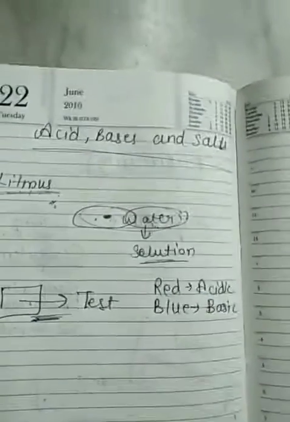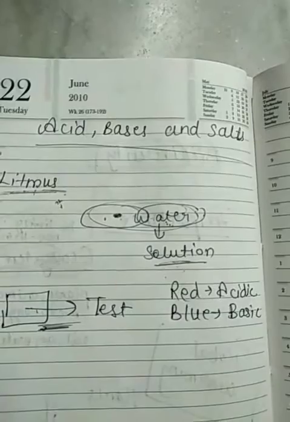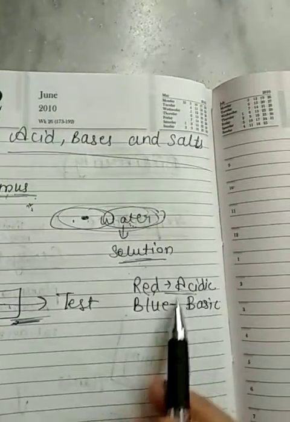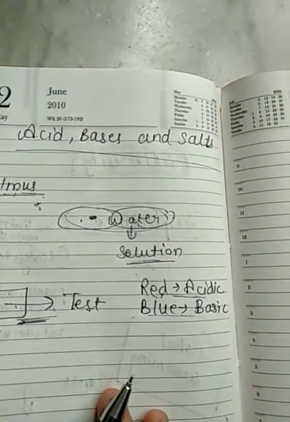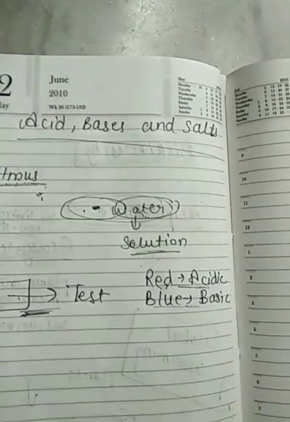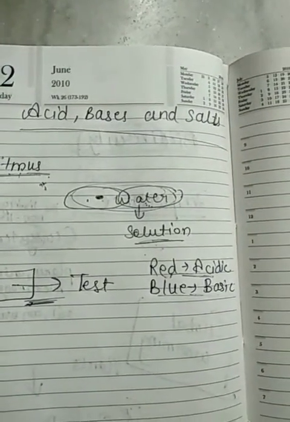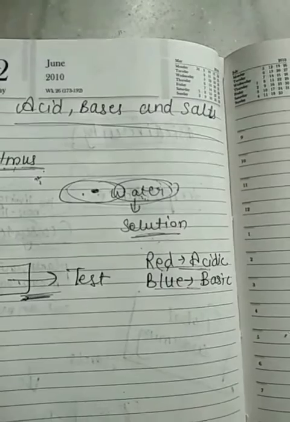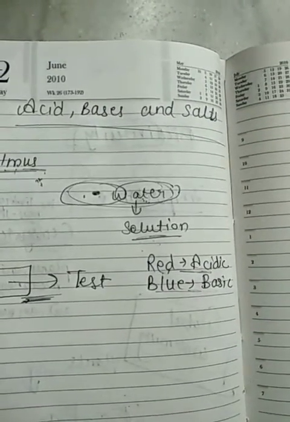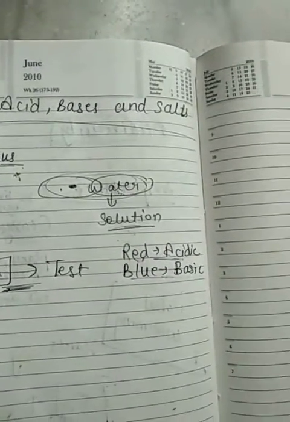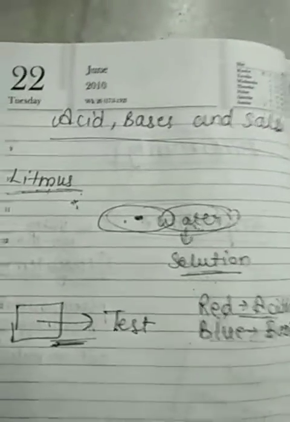So this is the property of litmus indicator solution: it turns red in acidic solution and blue in basic solution. In fact, this property is used to find out whether a substance is acidic or basic in nature.